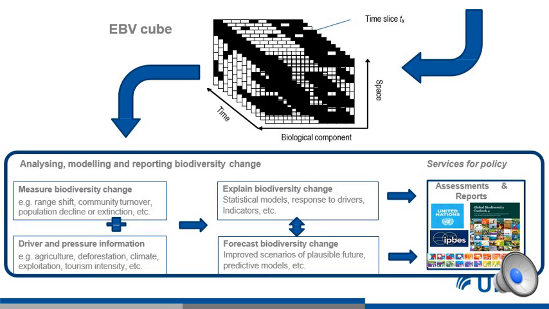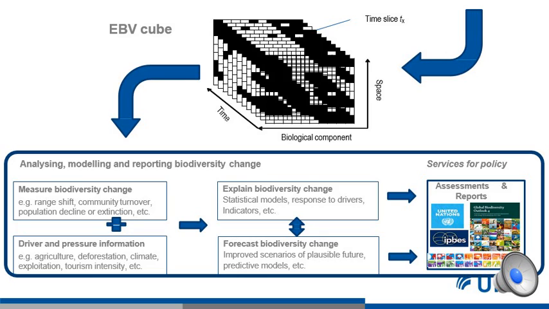So we need to fall back to some extent on well-informed models to do so. Also, this is a very important service of science to develop this EBV concept further.